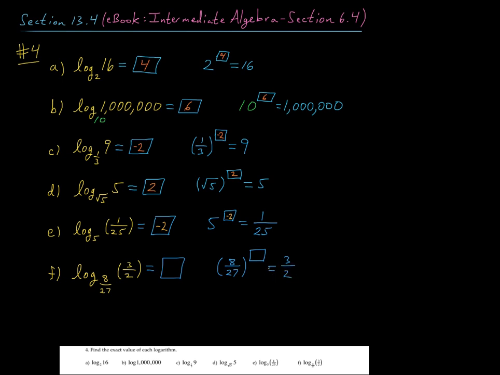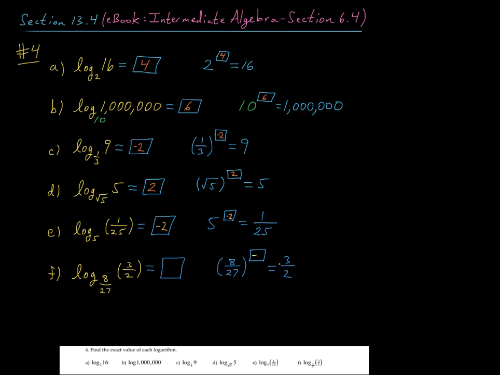Let's see. For the 8, I see the 2, so at least they have the same base, and likewise for the 27, I see the 3. 27 and 3 have the same base of 3. So how could I work with that? Well, one, I'd like to flip things over, so I'm going to need a negative.